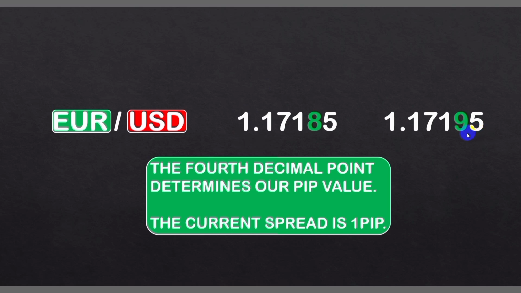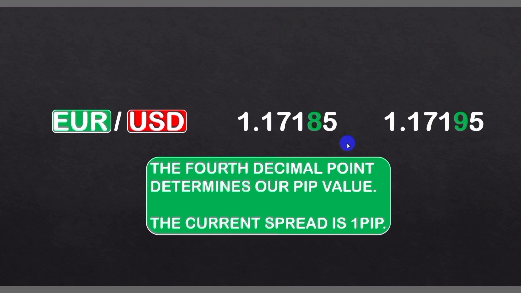So what you can see here is that the difference between 9 and 8 is 1. The fifth decimal is actually pipettes, but the fourth decimal is where we start calculating our pips. So 9 minus 8 is going to give us 1. So meaning the price movements, we want to assume this is the entry price level here, and then this is the exit price level. So meaning price has moved by 1 pip.